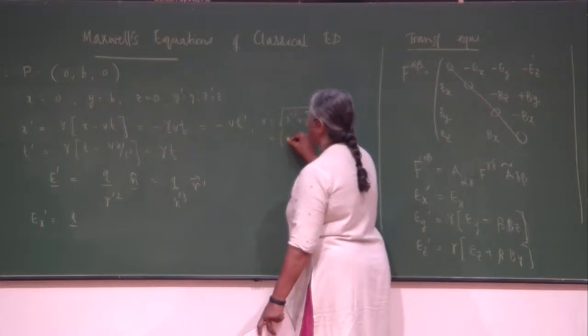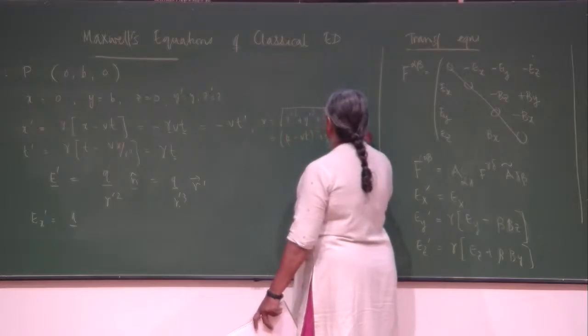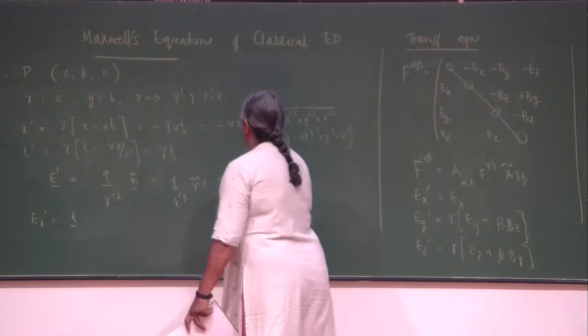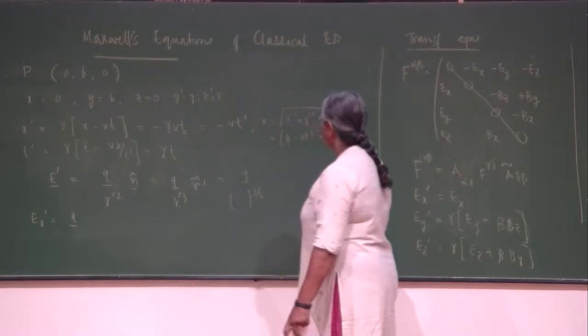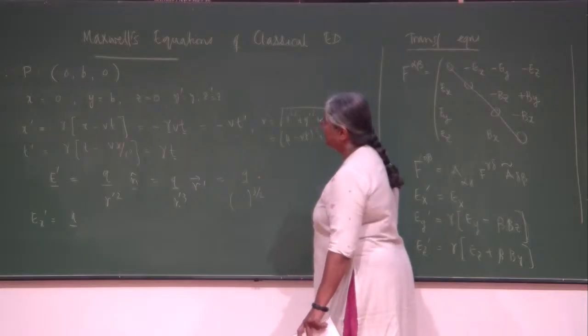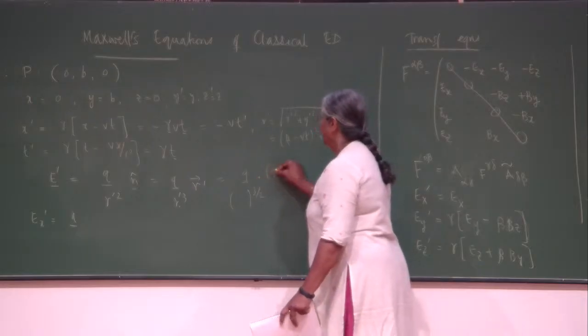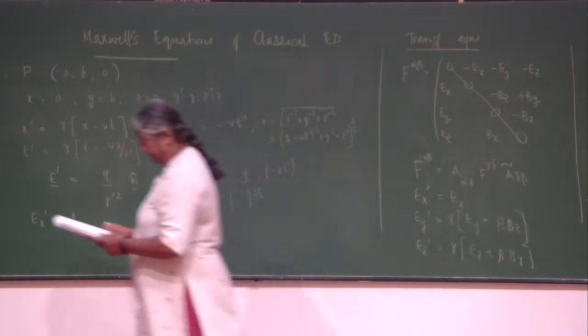That is equal to x minus vt squared plus y squared plus z squared. Right? So this will be this object to the power of 3 by 2 because there is a square root. And what is the x component? Minus vt prime.